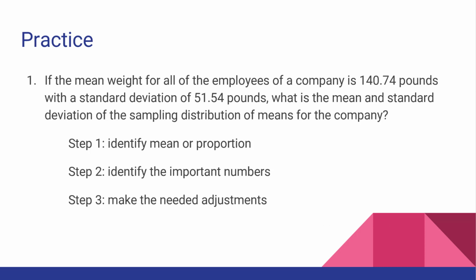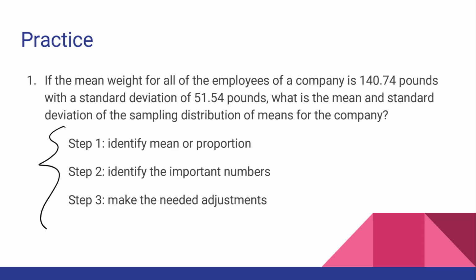Some quick practice with the actual math. If the mean weight for all of the employees of a company is 140.74 pounds with a standard deviation of 51.54 pounds, what is the mean and standard deviation of the sampling distribution of the means for the company? So there's three main steps you should always follow.